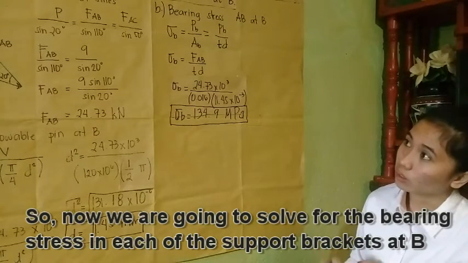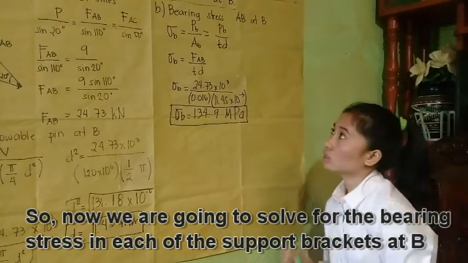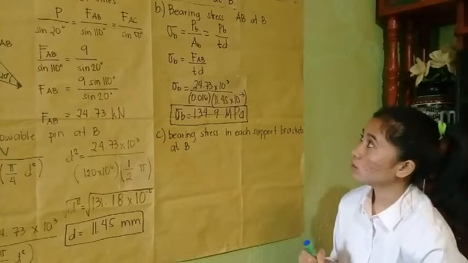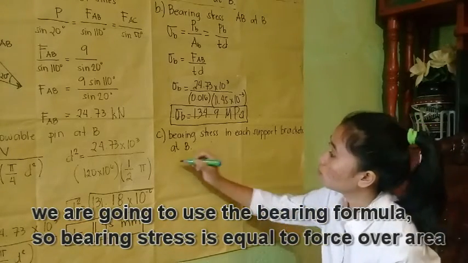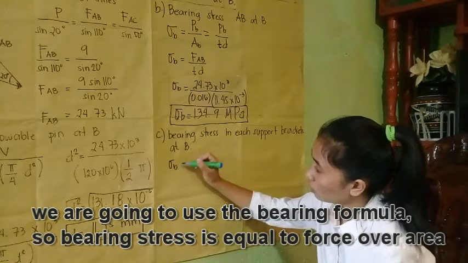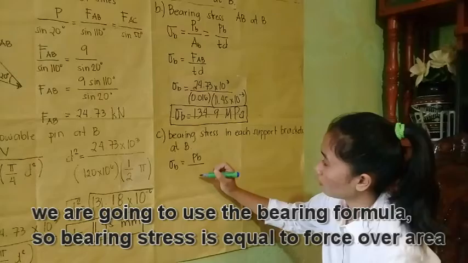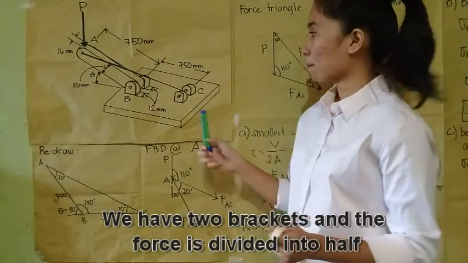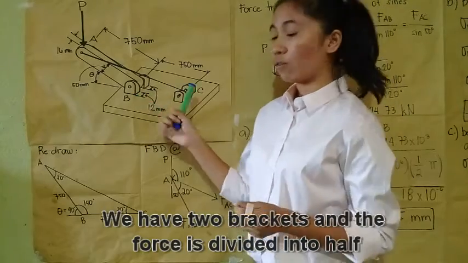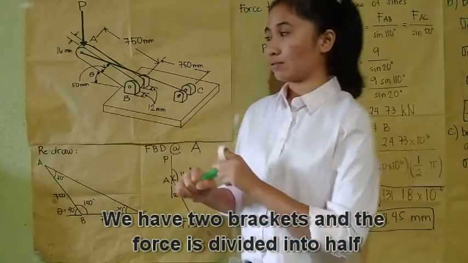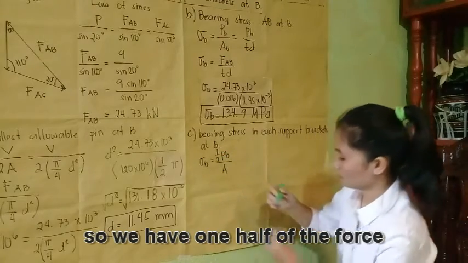So now we're going to solve for the bearing stress in each of the support brackets. So we're going to use the bearing formula. Bearing stress is equal to force over area. At B, we have two brackets and the force is divided in half. We have 1/2 of the force.